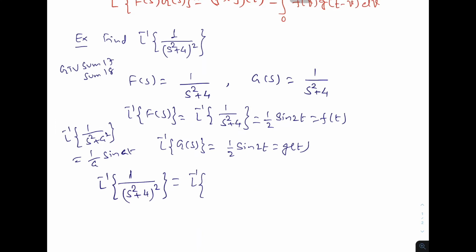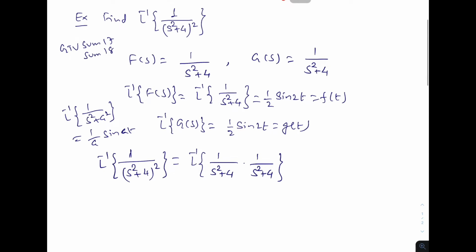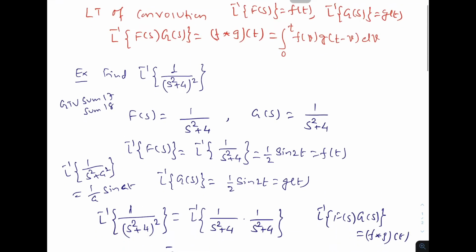We write it as 1 over s square plus 4 times 1 over s square plus 4, which is in the form F(s) G(s), and that is equal to f star g of t.